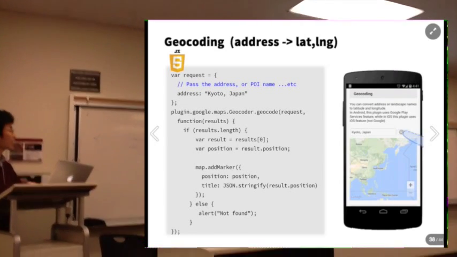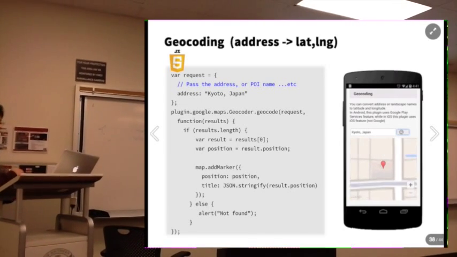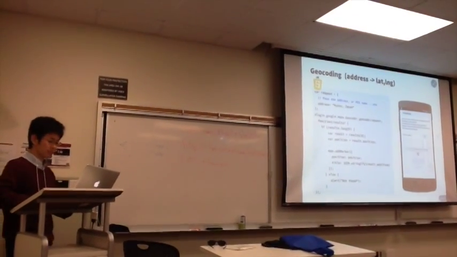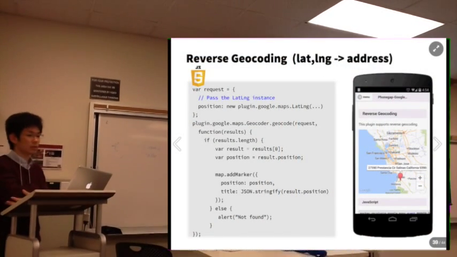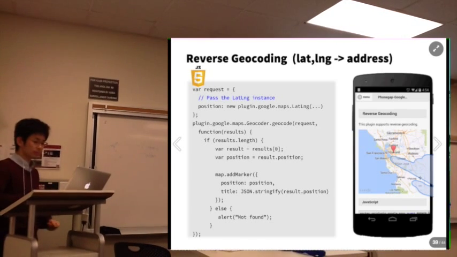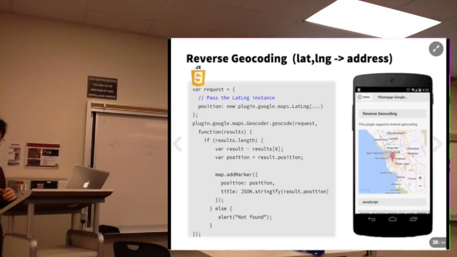It's almost the same as Google Maps JavaScript API v3. You can easily migrate from the JS API. Also, reverse geocoding is supported, which means going from latitude, longitude to address.